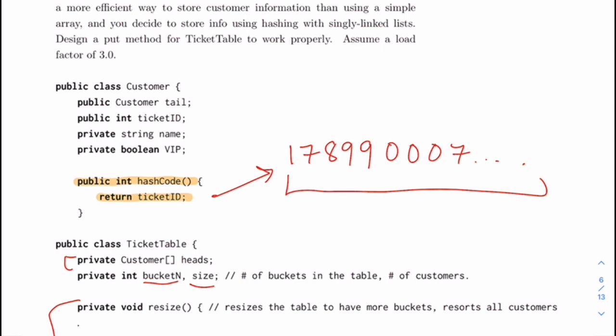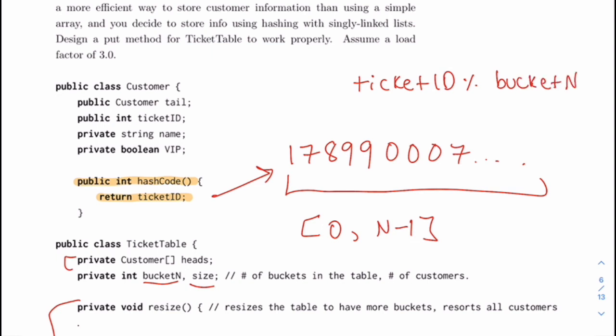So we want to get an index that's actually valid, an index within the range of 0 to n-1. And the way that I can do that is I can take advantage of modular arithmetic and mod the ticket ID by the number of buckets, okay? Because this will give me something within the appropriate range, okay?